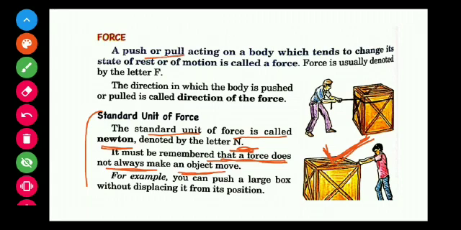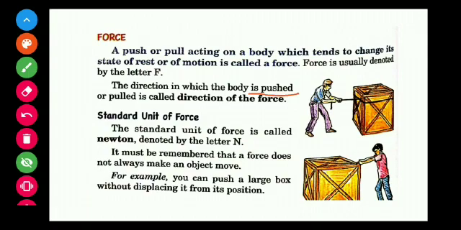Now a push or pull acting on a body which tends to change its state of rest or state of motion is called force. Force is usually denoted by the letter F. And the direction in which the body is pushed or pulled is called the direction of force.